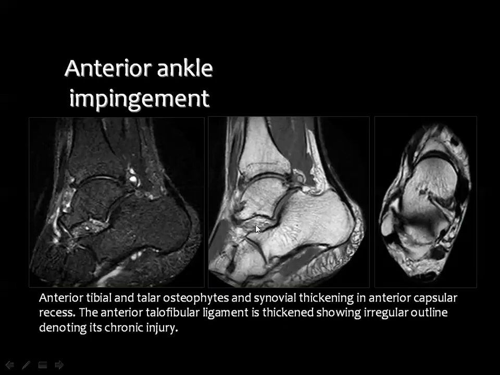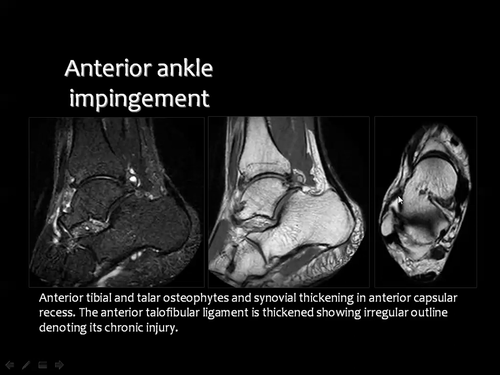Then here you see this small process projecting anteriorly from the inferior aspect of the tibia, and another protrusion here, together with thickening of the capsule of the joint and some soft tissue edema related to the lesion.